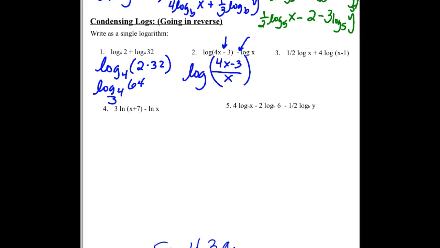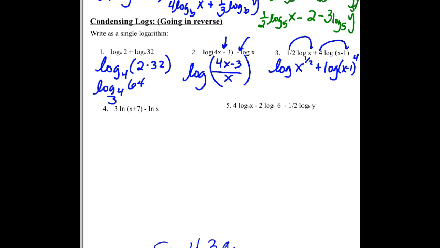All right. Next one. Do we have any numbers in front? Always look for those first because they have to go back as exponents, right? That's where they came from. So we're going to put this 1/2 back as a power. We're going to put this 4 back as a power. We'll take it in 2 steps here. The log of x to the 1/2 power plus the log of x minus 1 to the 4th power.